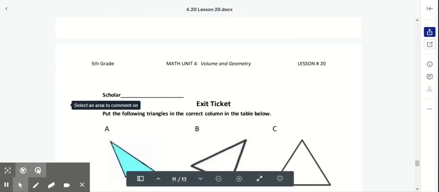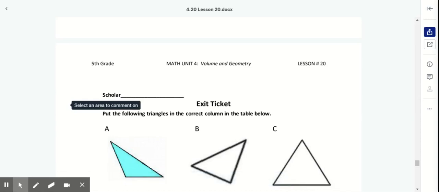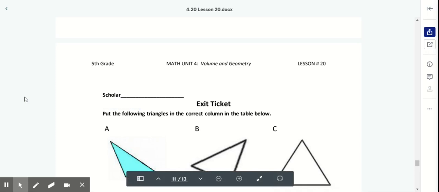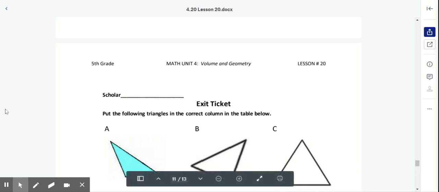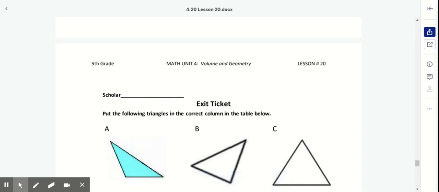So from here, you're going to head over to Google Classroom to complete your math exit ticket. Remember, if you have any questions, please reach out to your teachers and make sure that you are advocating for yourself.